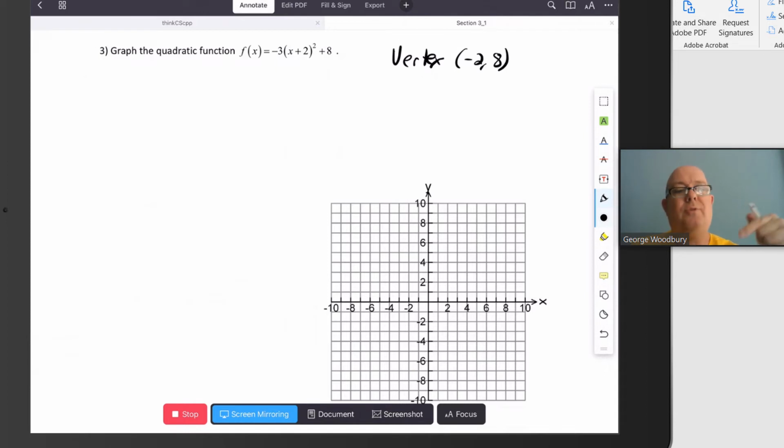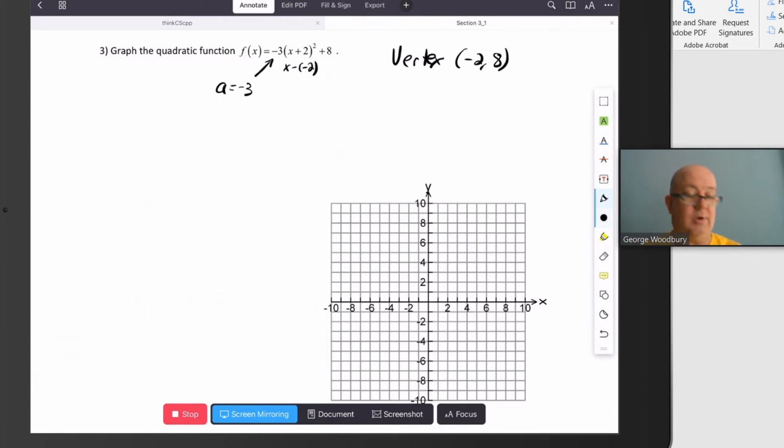You can also look for the value that's going to make that expression 0. What number plus 2 will give you 0? Negative 2 plus 2 will give you 0. That's another way to find h. I still think it's better if you can think of this as x minus negative 2. K is the value that's added or subtracted on the end, and here that's a positive 8.